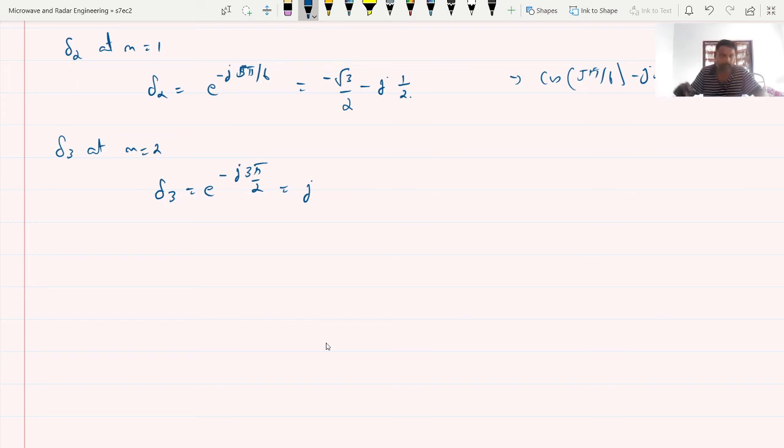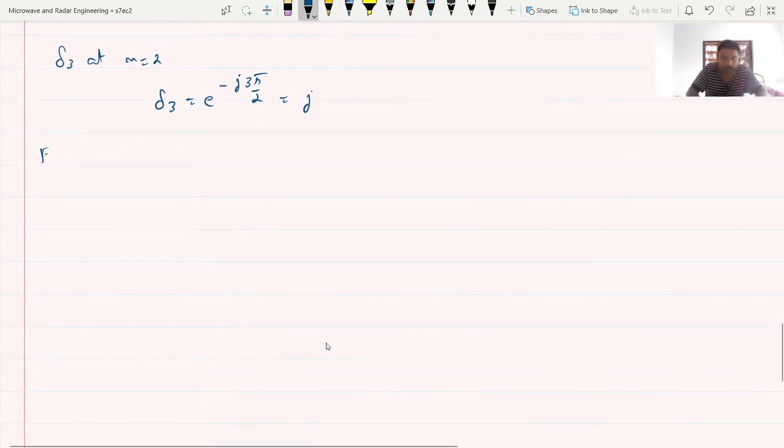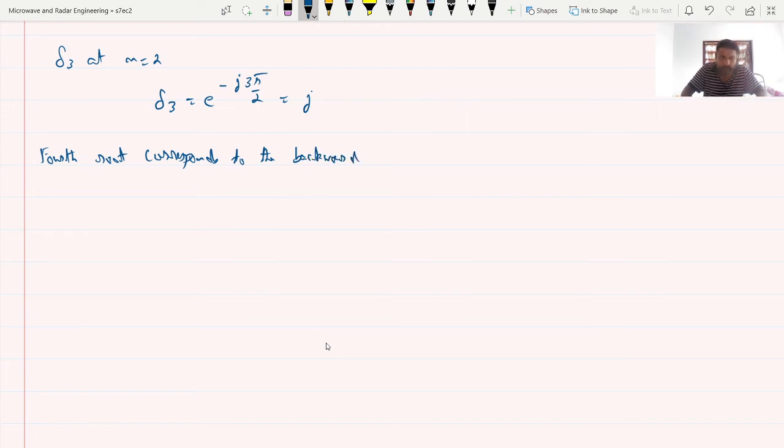Yeah, and the fourth root corresponds to the backward traveling wave.